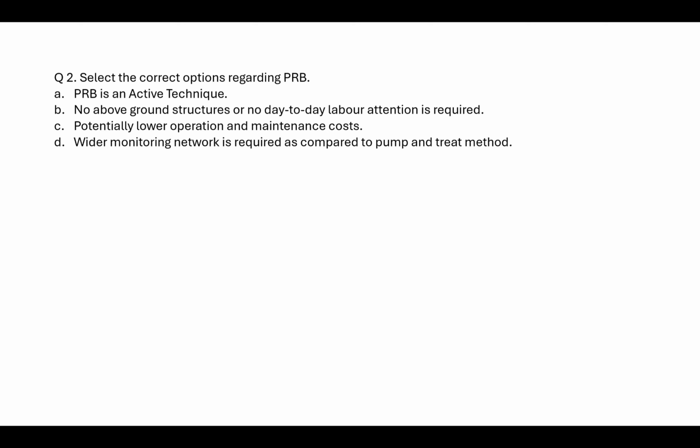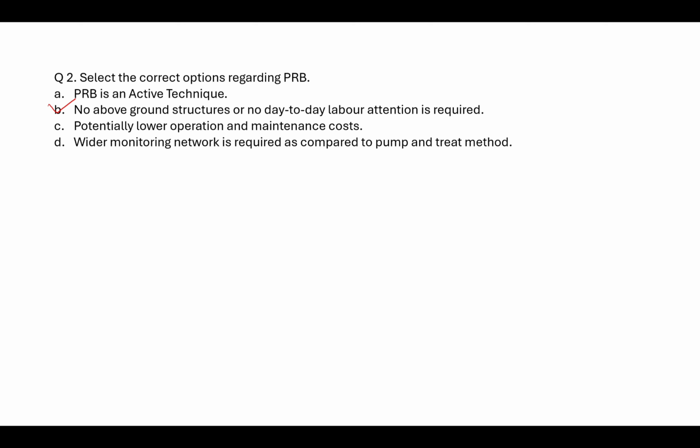So this is correct. The barriers are installed in the subsurface, so there is no above ground structure and the ground can be used for other purposes. So B is correct. Next is potentially low operational and maintenance costs. So this is correct because these PRBs can last for years without getting exhausted, or the breakthrough point comes only after a few years.